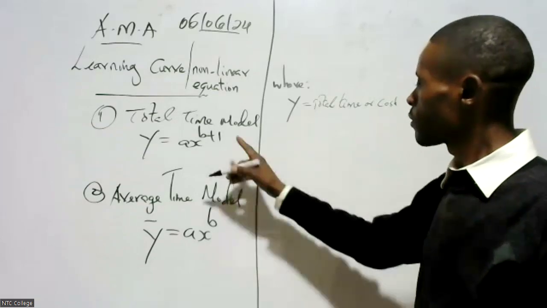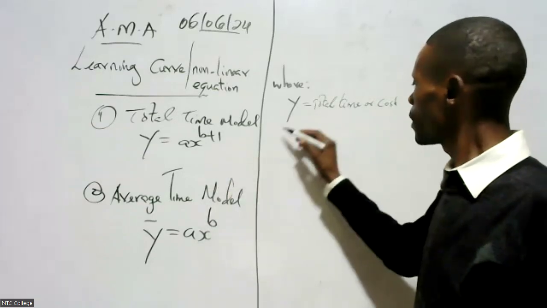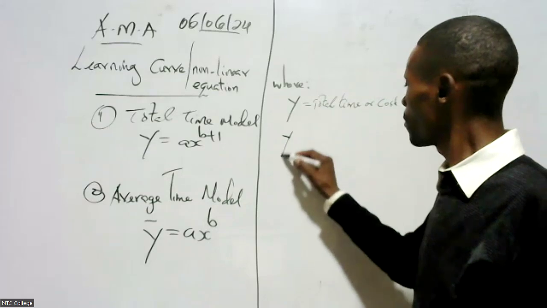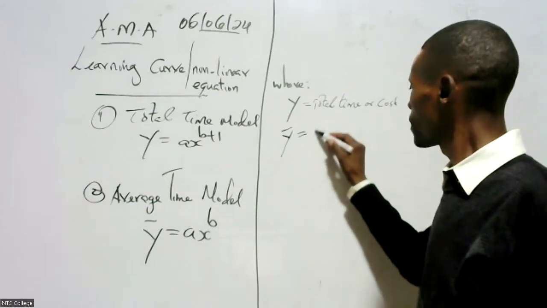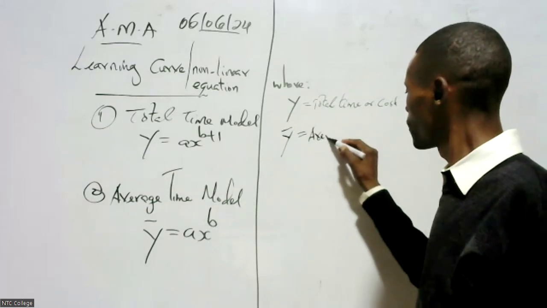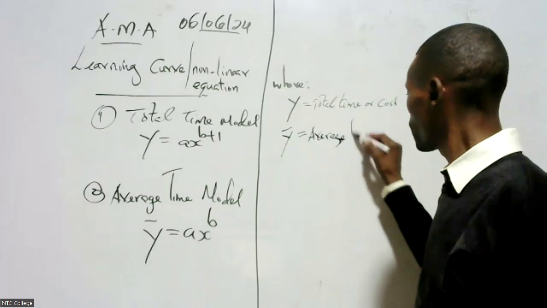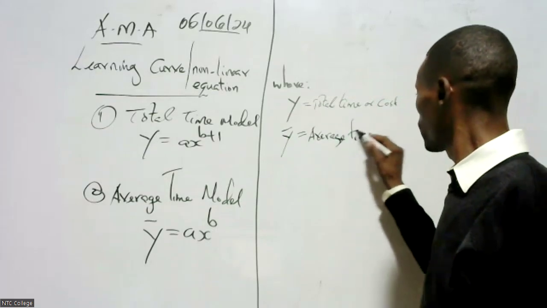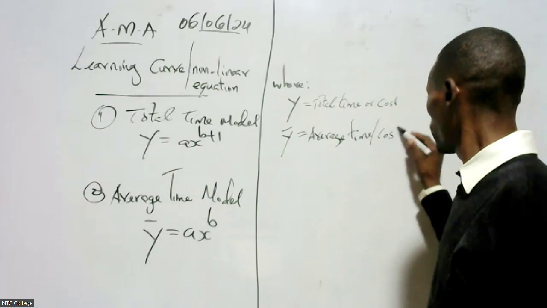Then we have another one, y bar, that is average time or cost.